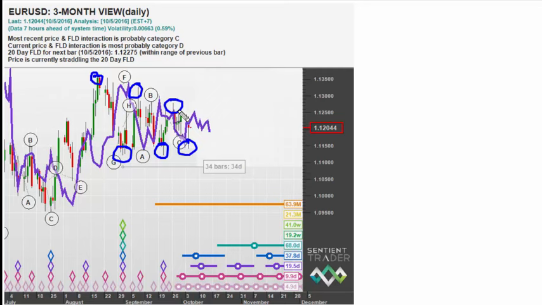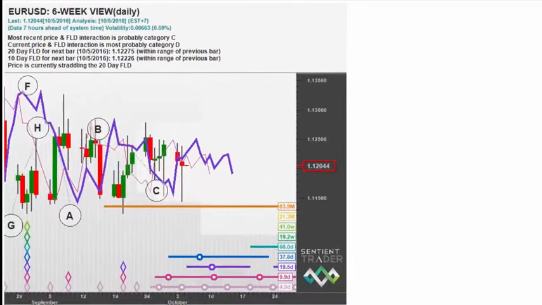So the important point I'd like to make, if you are a Hurst Signals subscriber, is that when you see a chart like this, and it's not looking clear and beautiful, and you know what these interactions are meant to look like, by now I'm sure you've seen many examples of perfect interactions between price and the FLD.